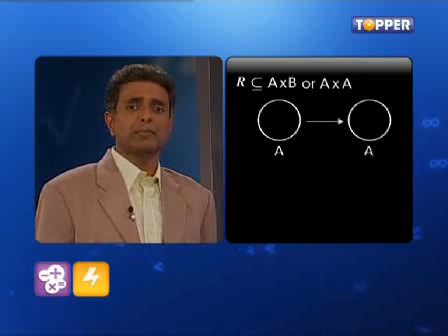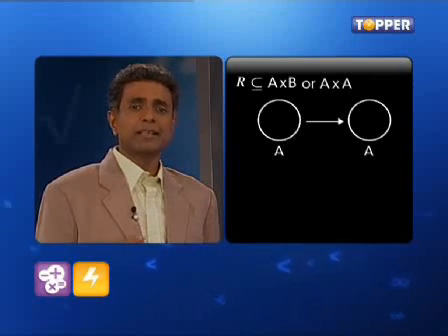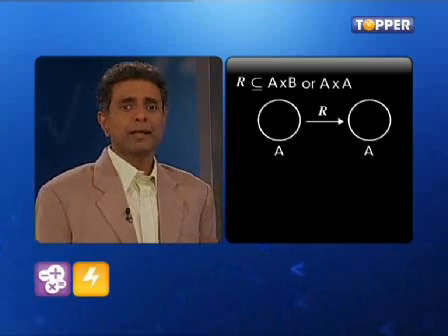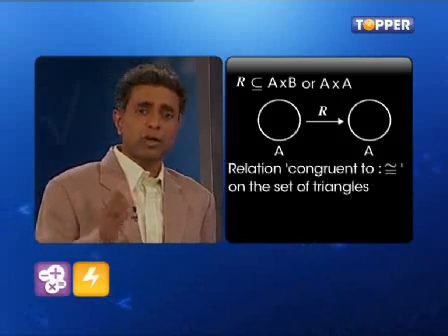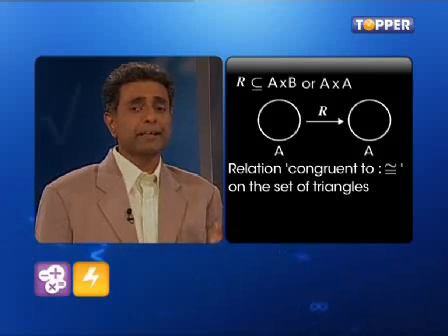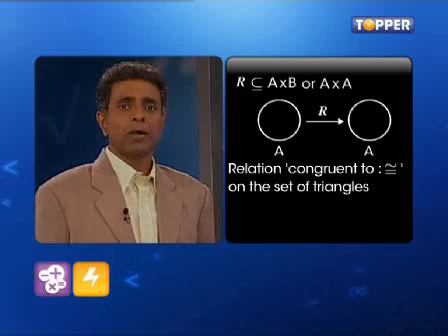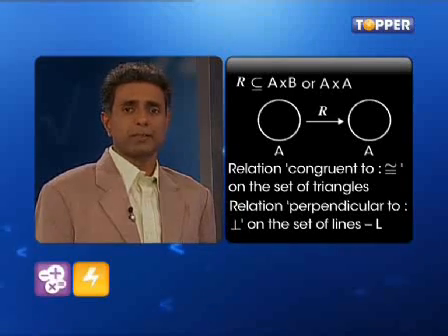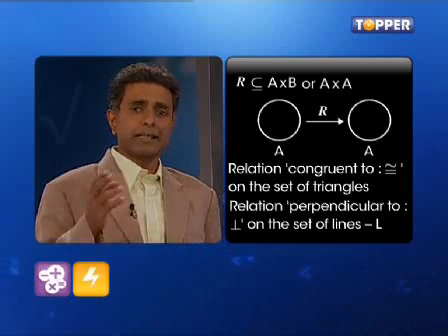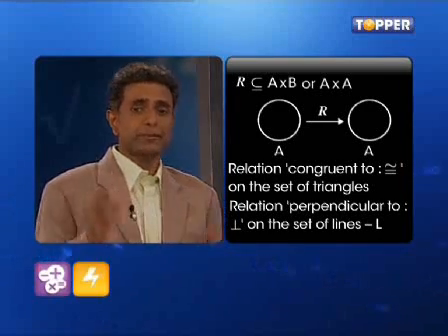Such a relation from a set A to itself is simply termed a relation on A. Take, for example, the relation "congruent to" on the set of triangles. What are you doing here? Comparing one triangle with the other. Or the relation "perpendicular to" on the set of lines. Each of these relations connects two elements of the same set.